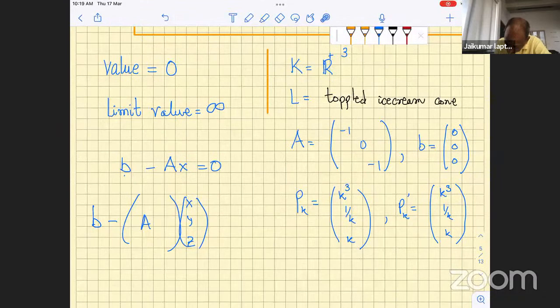This is a set of discrete points, of course, but as k rises, these points change. The important thing is, look at the z coordinate here. This z coordinate is increasing unboundedly as k is increasing.